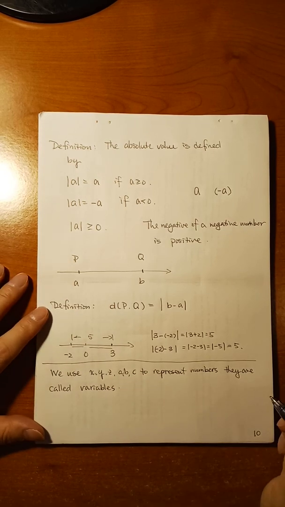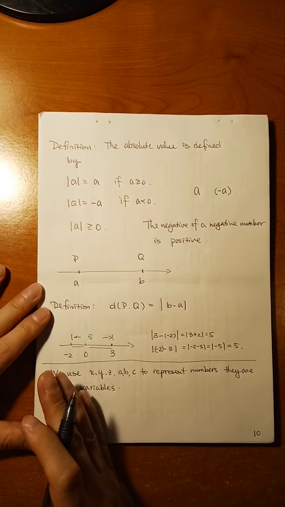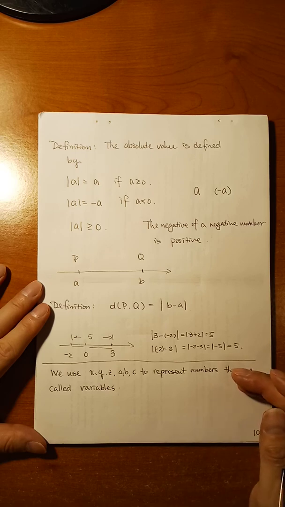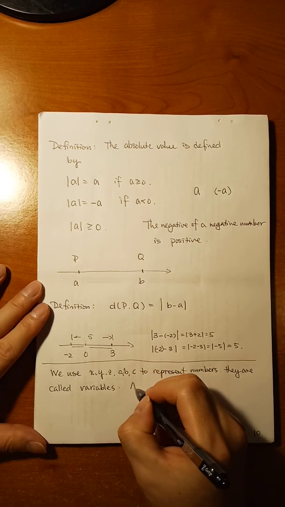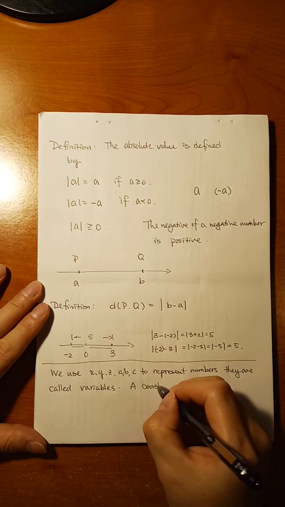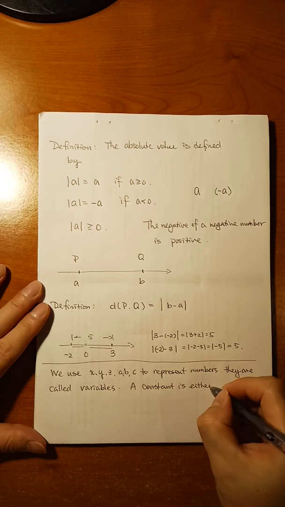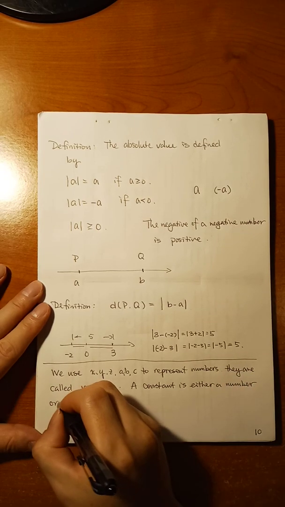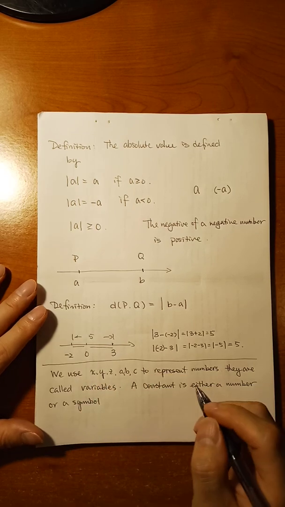Okay, so you have variables. And except variables, if you do have a number in the expression, it's called a constant. Or like pi.